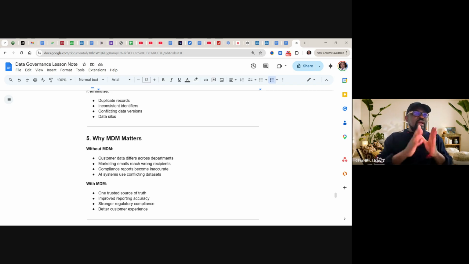We determine the kind of data and how our data is being updated. So it's all about data sharing. You can call it data communication and data sharing.